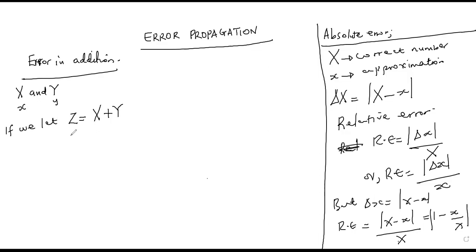Okay, but if we let that be equal to that, then our capital X is going to be equal to the approximation of x plus small change in x, and our Y is going to be equal to approximation in y plus change in y. Our Z is going to be the approximation in z, small z, plus change in z.